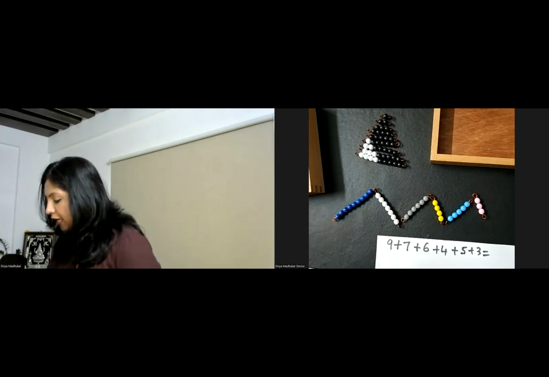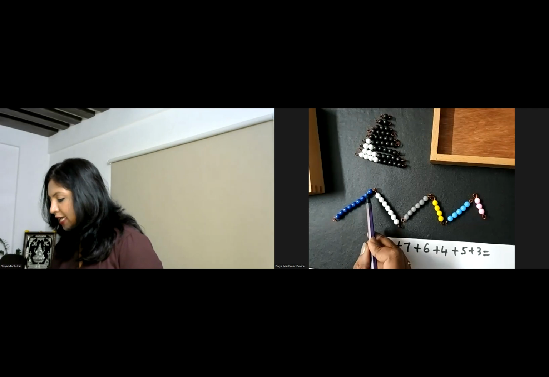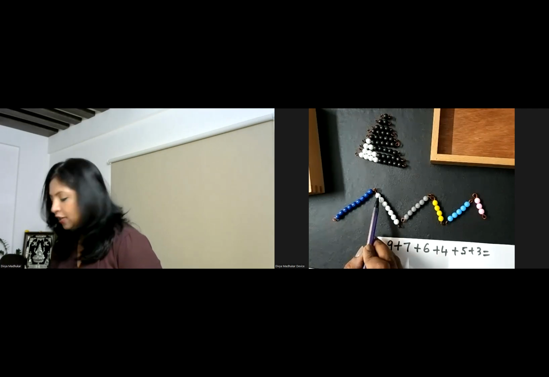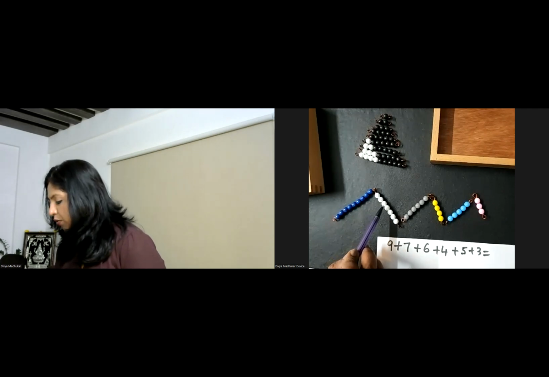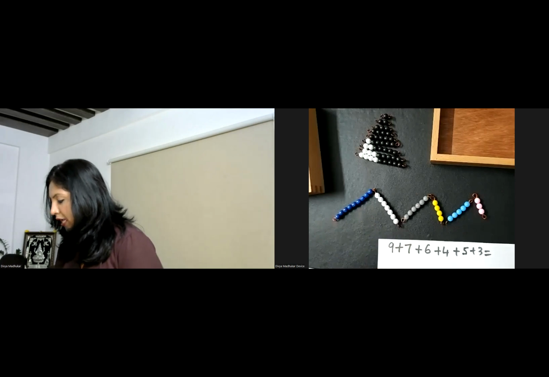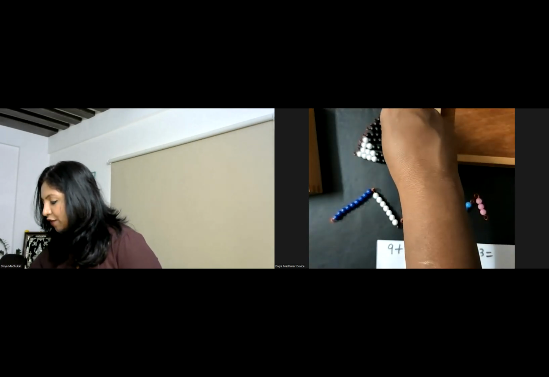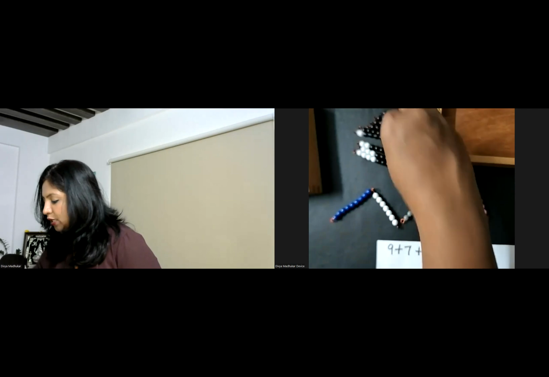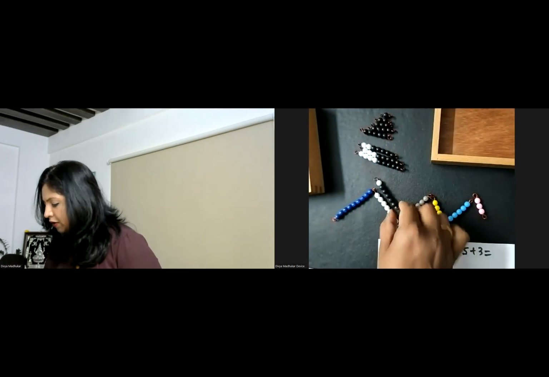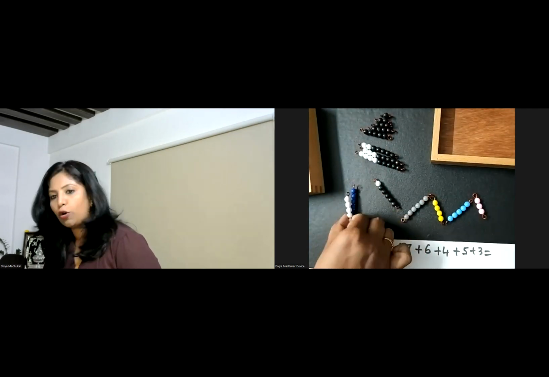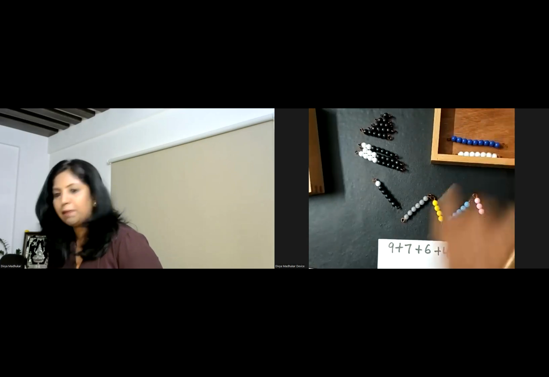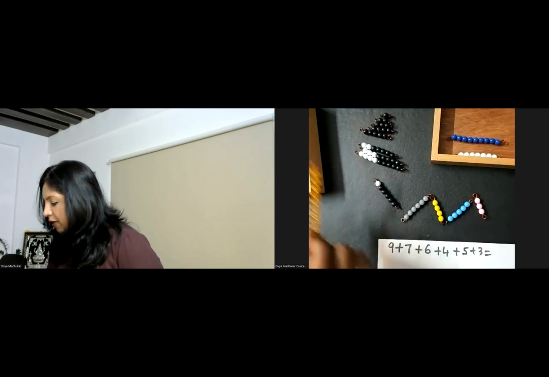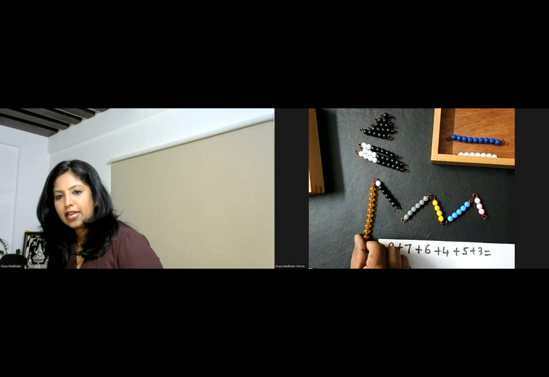So start counting. 1, 2, 3, 4, 5, 6, 7, 8, 9, 10. So how many are remaining? 1, 2, 3, 4, 5, 6 are remaining. So I take a 6 from my teens quantity. Keep it here. These two would go to my replacing tray, and I have to replace this with my golden beads tens bar.